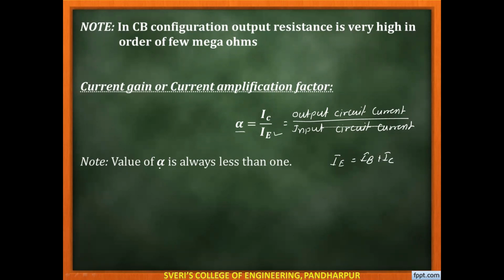So we have written one note here, the value of alpha is always less than 1. That's why the common base configuration is mostly not used in current amplification, because its current gain is less than 1. This is the main factor. Get it, my point? Okay.